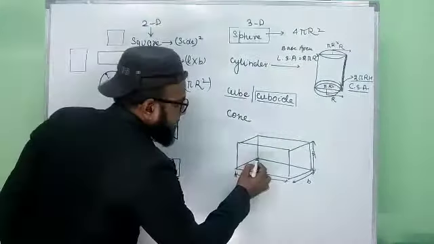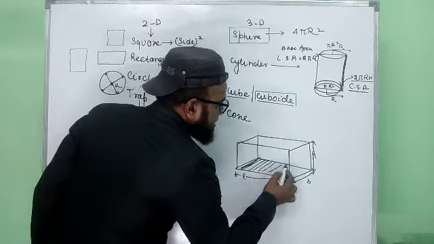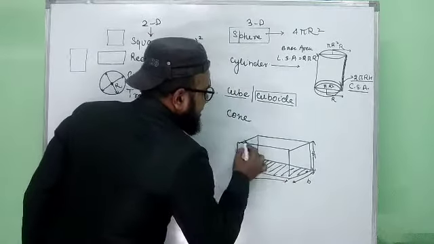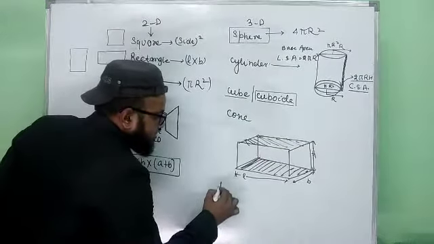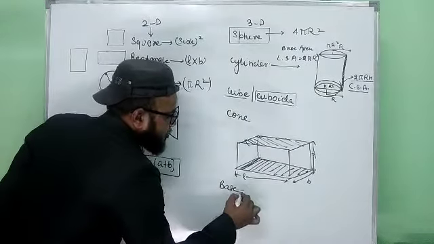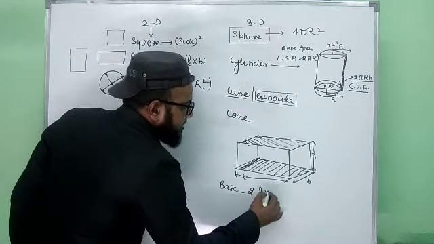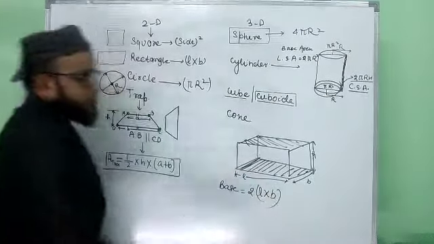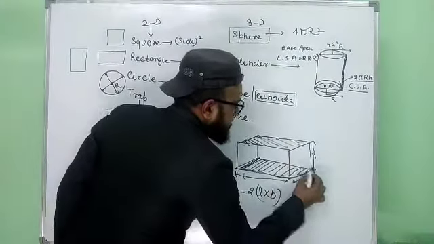Base area means the flat part, the part in the horizontal plane, that is this. The base area of a cuboid is given by 2 L into B, that is length into breadth.